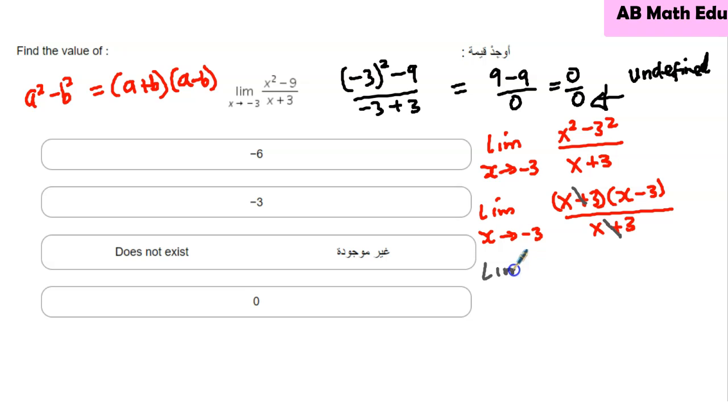So now we have the limit as x approaches -3 of x minus 3. At this point, wherever we see the x, we can replace it with -3. So -3 minus 3, which is -6. That's the answer. So always make sure you plug it in. If you get undefined, break it down and then plug it in again, and then you'll get the right answer.